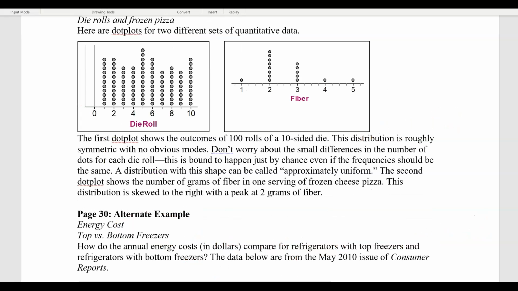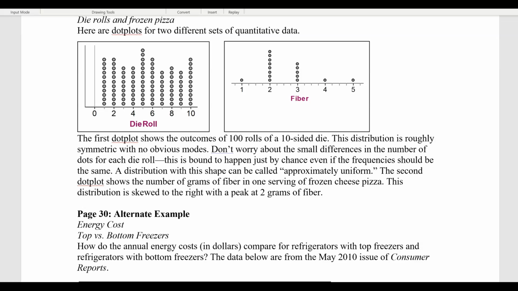Okay, so here we have two more dot plots. The first one, we're rolling a die 100 times. And notice, certainly we do have the highest peak at 5, but those differences, as described here, are negligible. If we rolled a 10-sided die many, many times, we'd expect each number to occur about equally often, about 10 each, right?